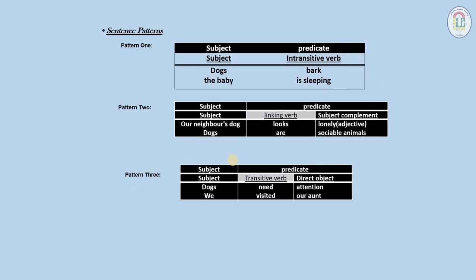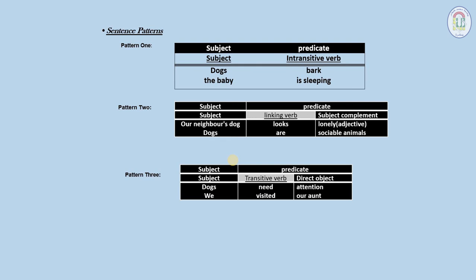Okay, so we move now to the sentence patterns. Here we talk about the word order. Each sentence differs from another sentence in terms of its parts and its arrangements. The first main pattern is when I have a subject plus an intransitive verb.